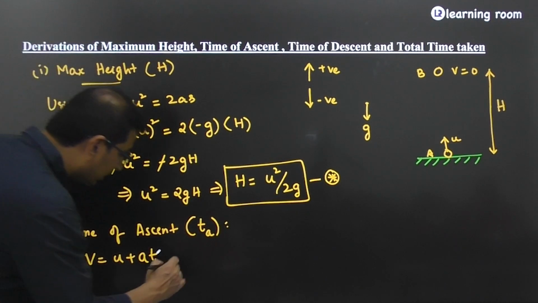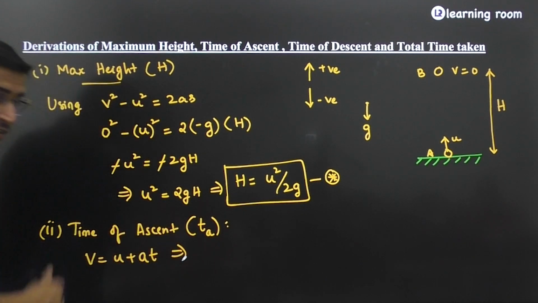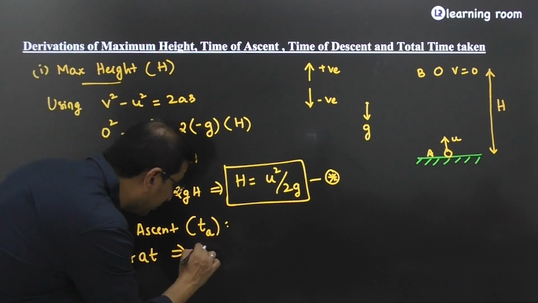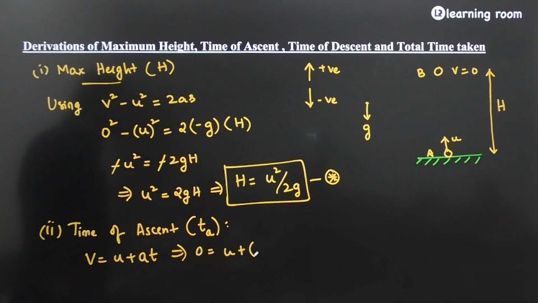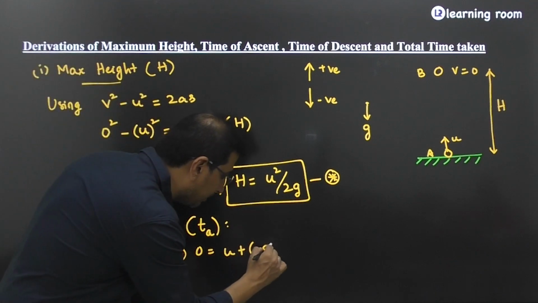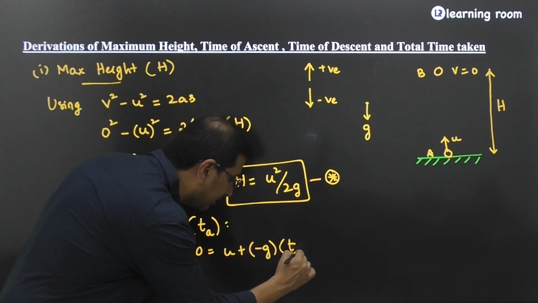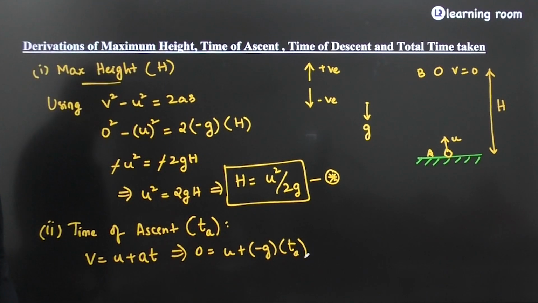Clear with this? So taking this, if I put v is equal to 0, so 0 is equal to u only plus acceleration due to gravity, which is minus g, into the time, I'll call it TA, right?